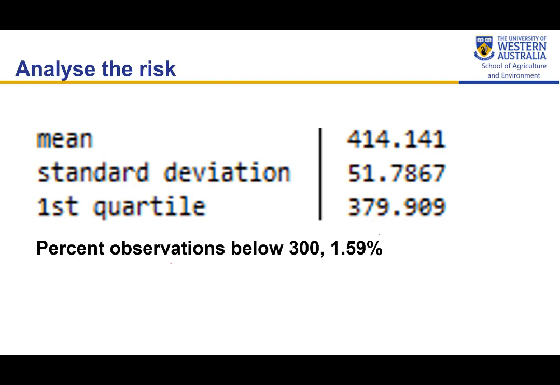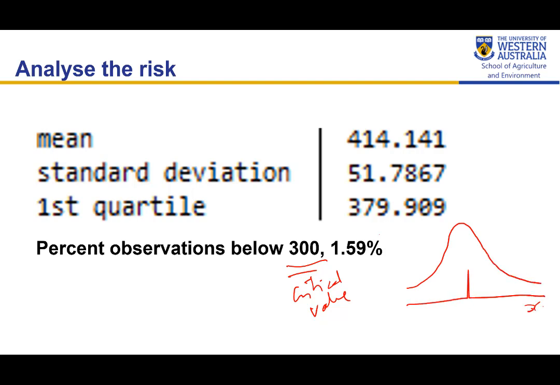We can also work out the weight in the tails. So the percentage of observations below 300. So say that is a critical value. If we approximate the distribution of stock by a normal distribution, then that's saying that if that's the critical value of stock at 300, then the weight that there is in that tail is only 1.59%.